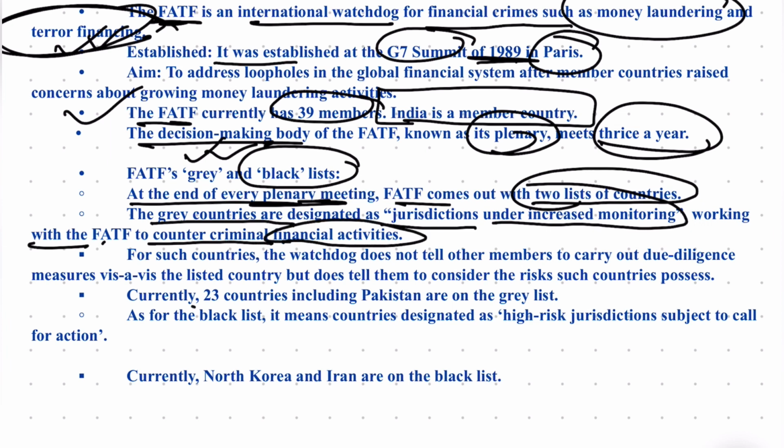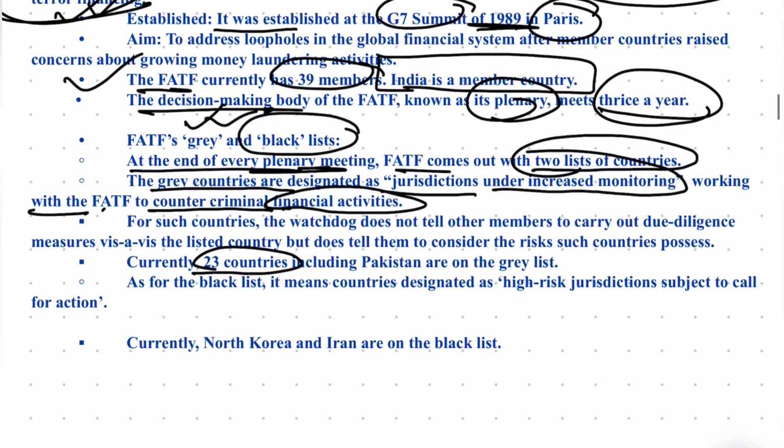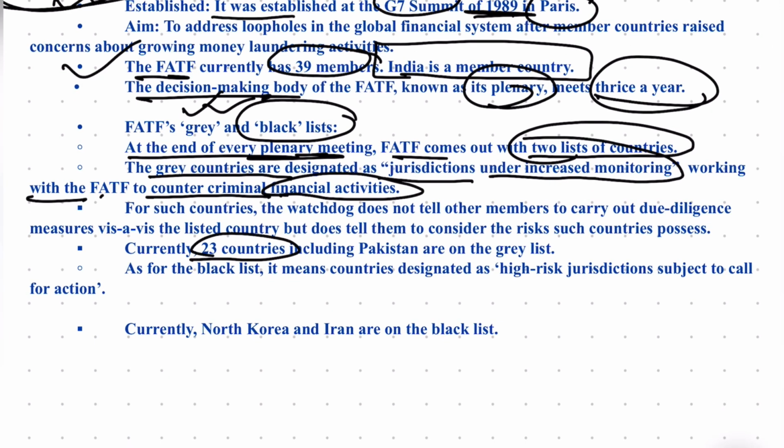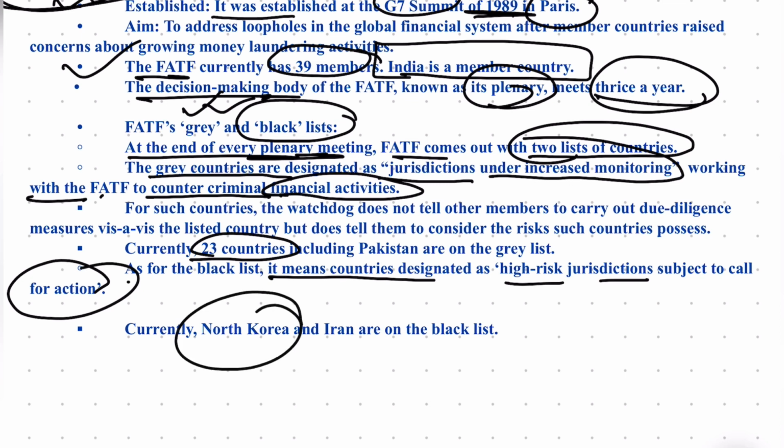Right now there are 23 countries on the grey list. A country on the blacklist is designated as a high risk jurisdiction subject to a call for action. Right now North Korea and Iran are on the blacklist.